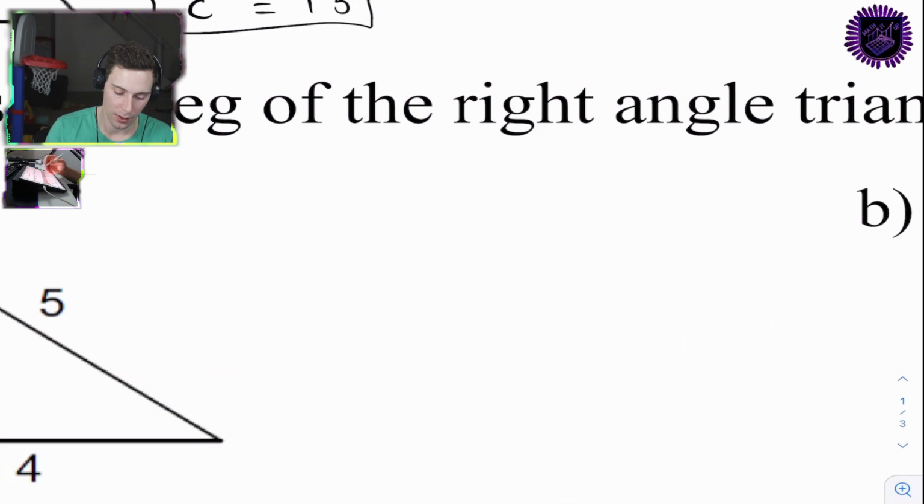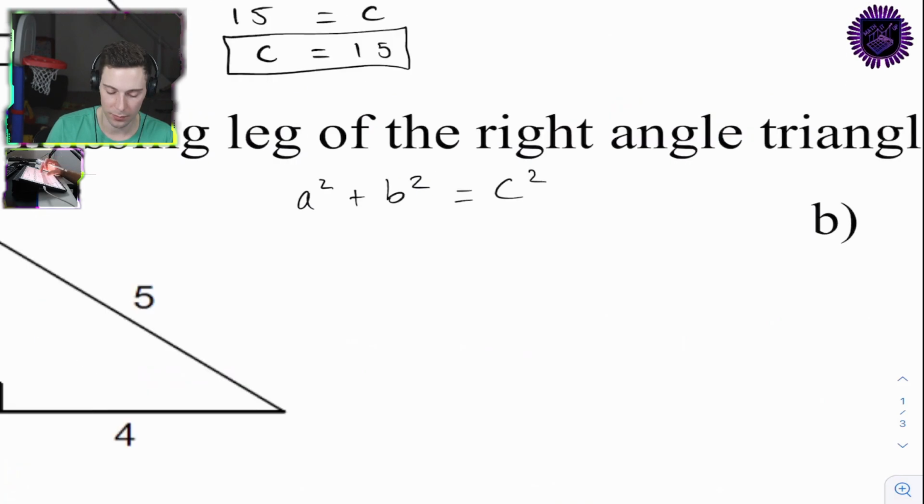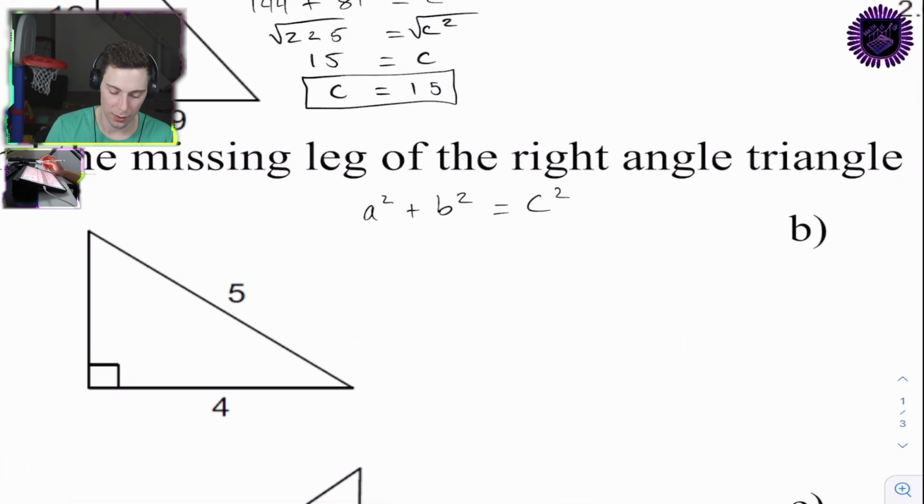All right. A squared plus b squared is equal to c squared. So we need to go 5 squared is equal to a squared plus b squared.